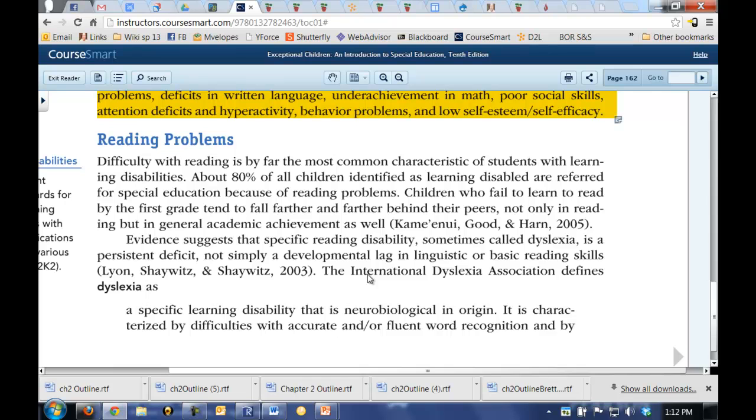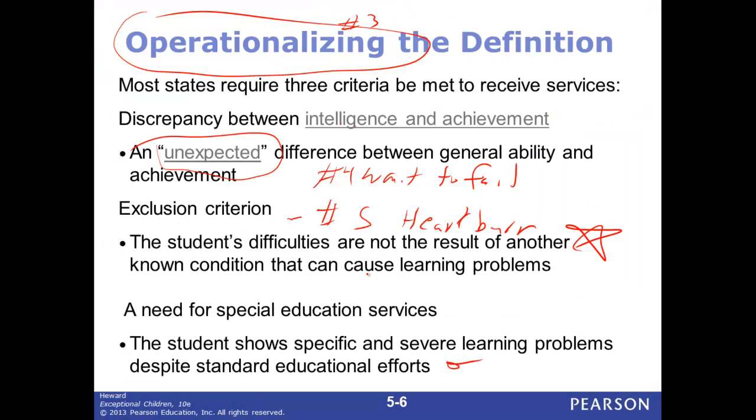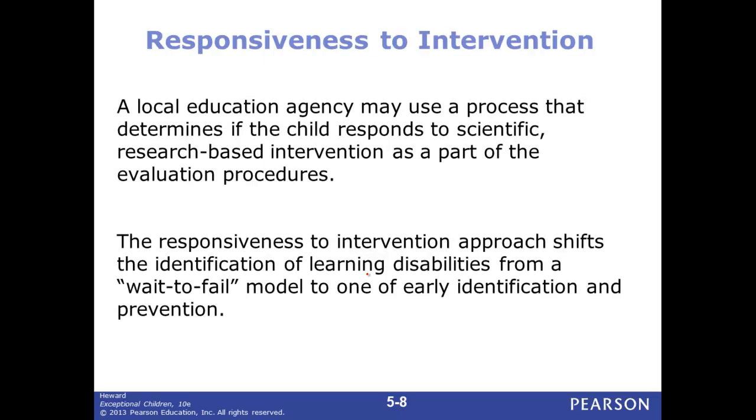So first, let's take this reading problem, and that's the number one. Oh, let's talk about this. A local education agency may use a process that determines whether the child responds to specific research-based interventions as part of this. Remember, the reading process has to be documented as scientifically based.